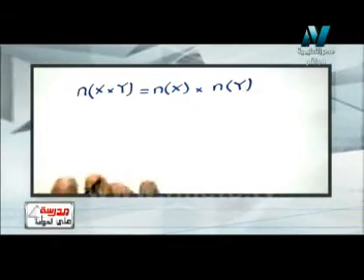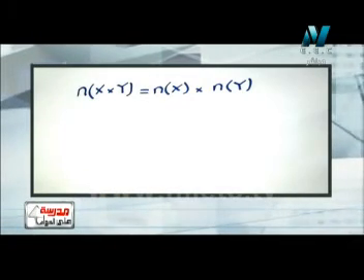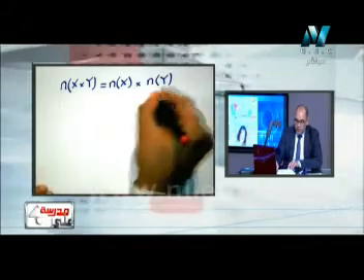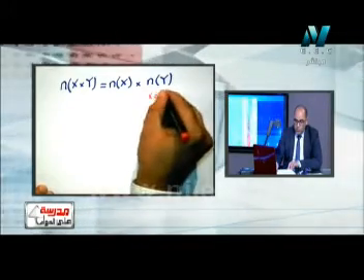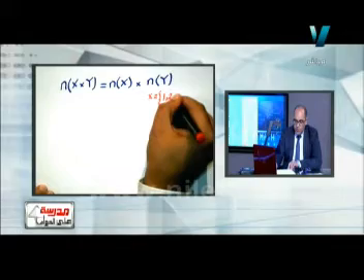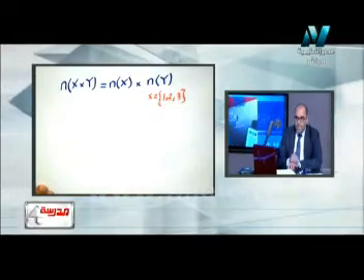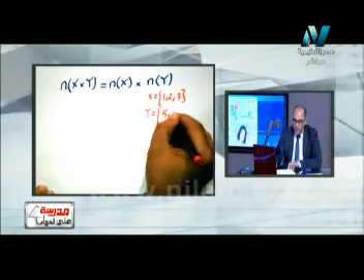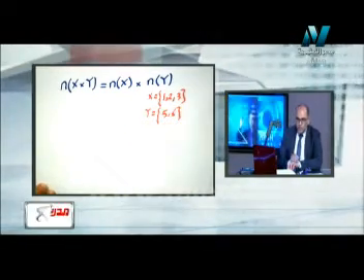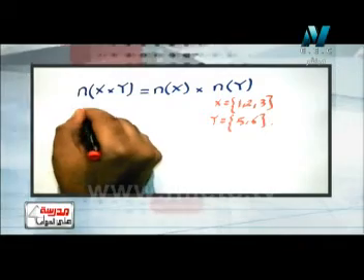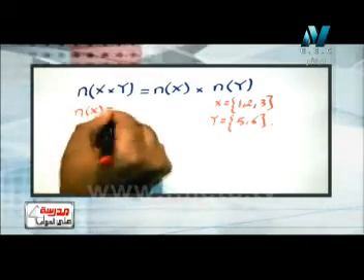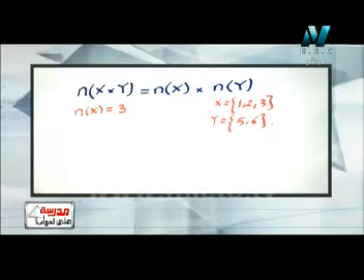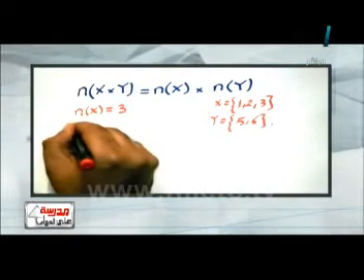Very important remark. If I have two sets with elements like x equals 1, 2, 3 and y equals 5, 6. The question now, n of x, count how many elements of x? 1, 2, 3. Just put here 3. n of y.